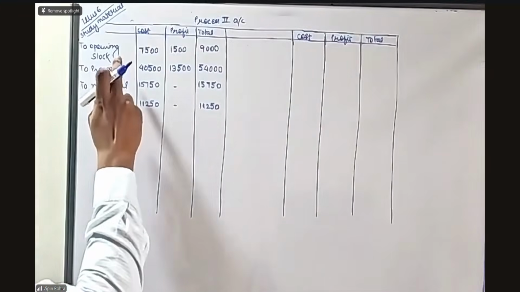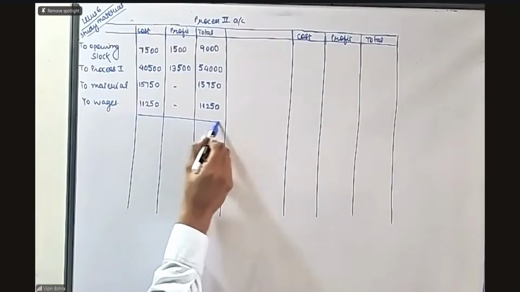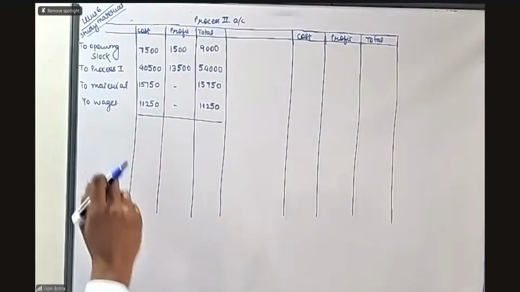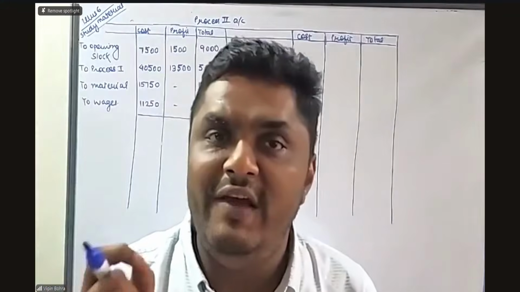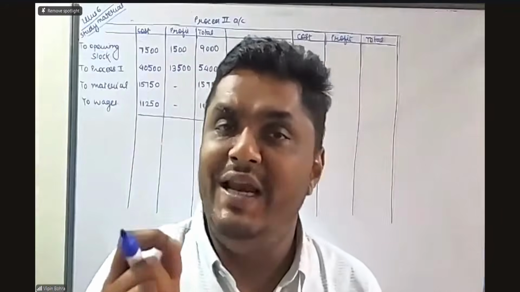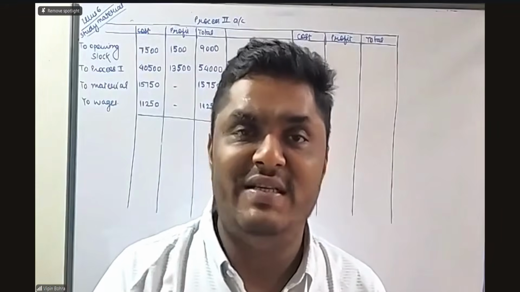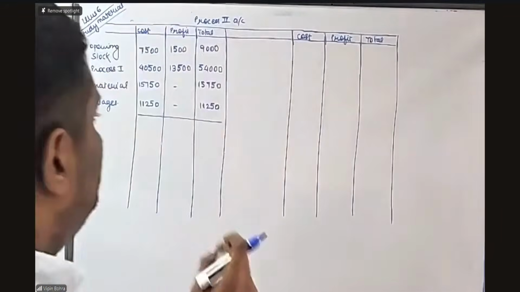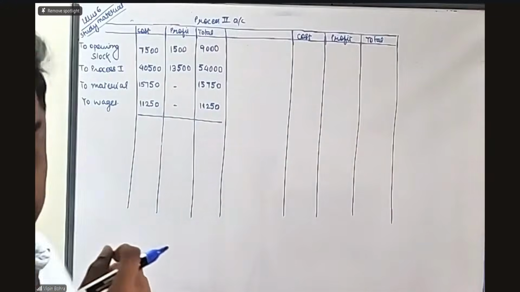So here I have the prime cost. This is my prime cost, that is material, wages. Manufacturing overheads will never form part of prime cost. I have discussed this in cost sheet. So this is my prime cost.